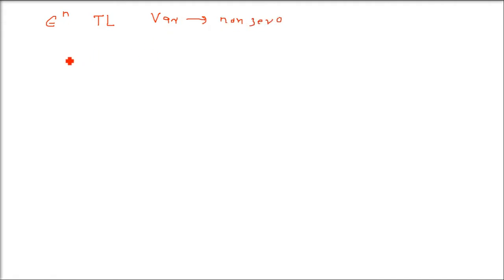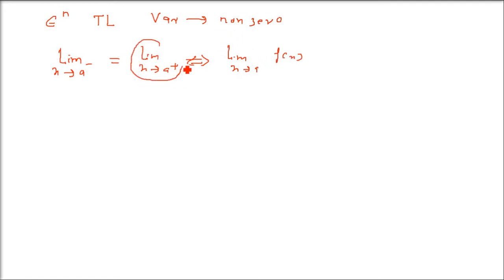If you remember, when we were discussing when a limit exists, the left hand and right hand limits also exist and they are equal. So left hand limit x tends to a minus, right hand limit x tends to a plus implies that limit x tends to a of f(x) exists. So we'll use the right hand limit in order to solve this.